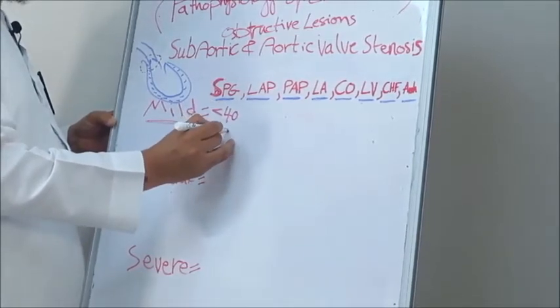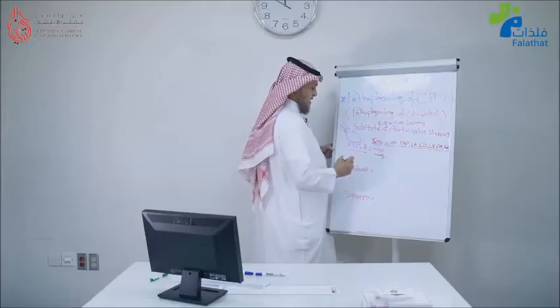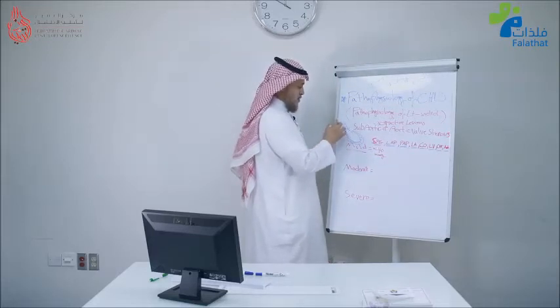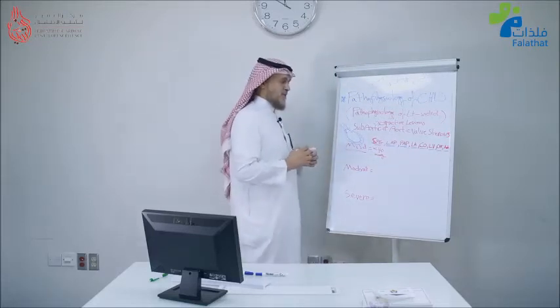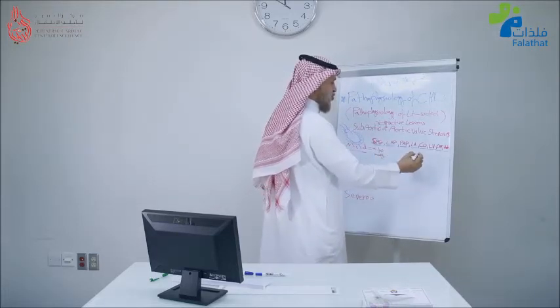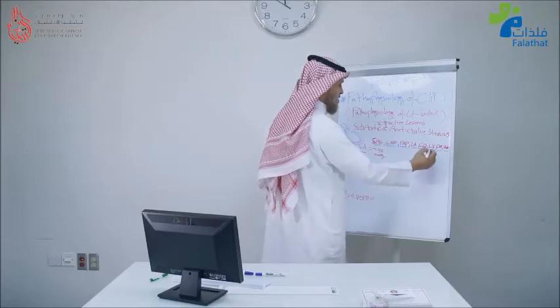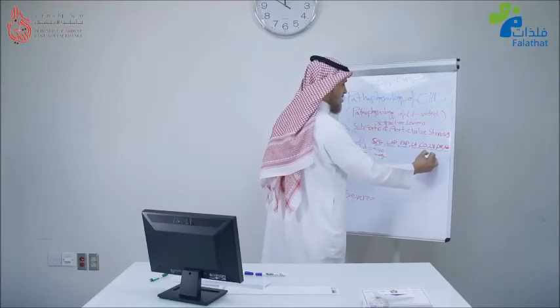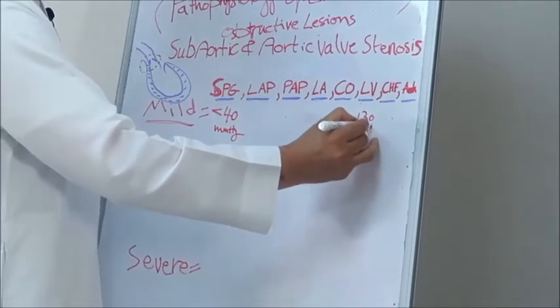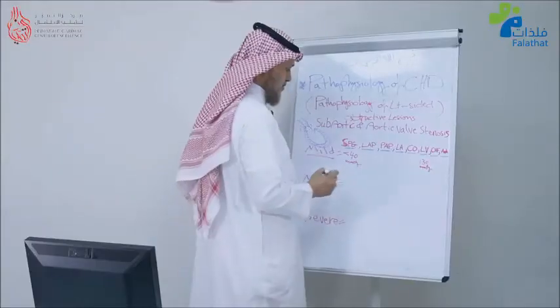Systolic gradient. Again, here, if we chose the aorta to be 100, then our LV pressure will be less than 140 systolic. Let's just pick a number, say 130. It's just a mild elevation of the LV systolic pressure.